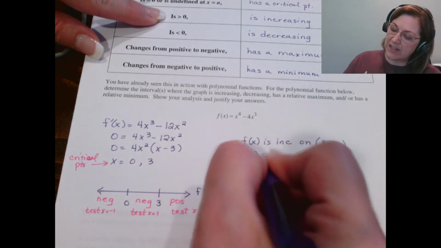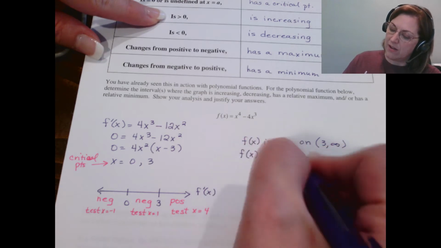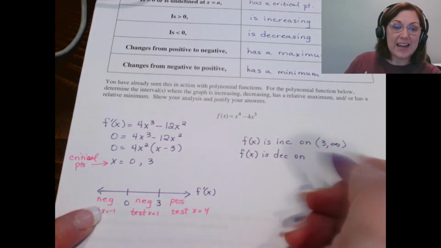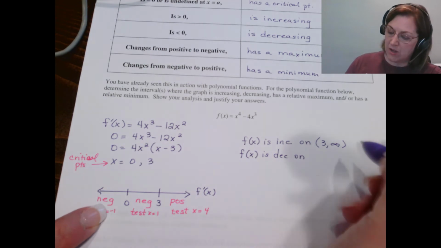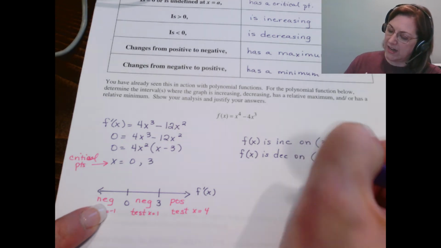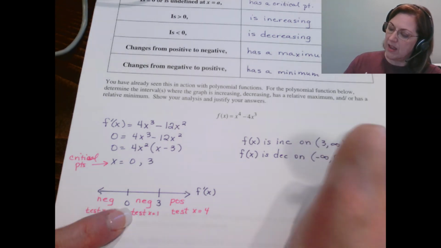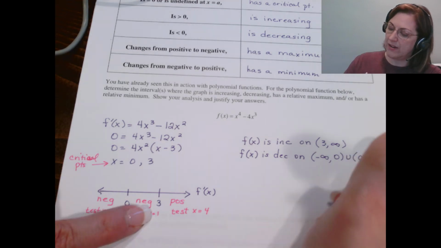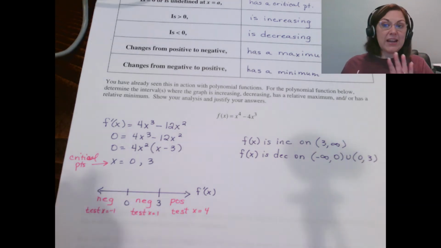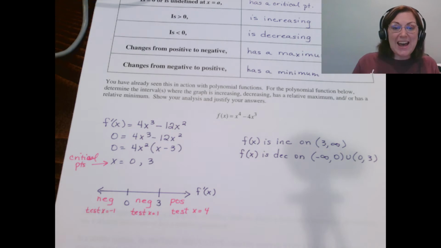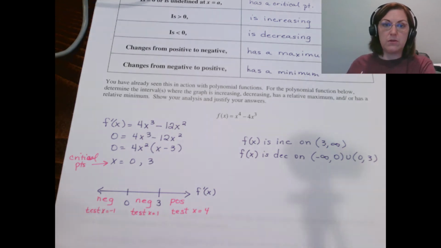The function is decreasing on the intervals where the derivative is negative. So that's from negative infinity to 0, and then from 0 to 3. Again, I have to break it up at 0 because the derivative at 0 is 0.